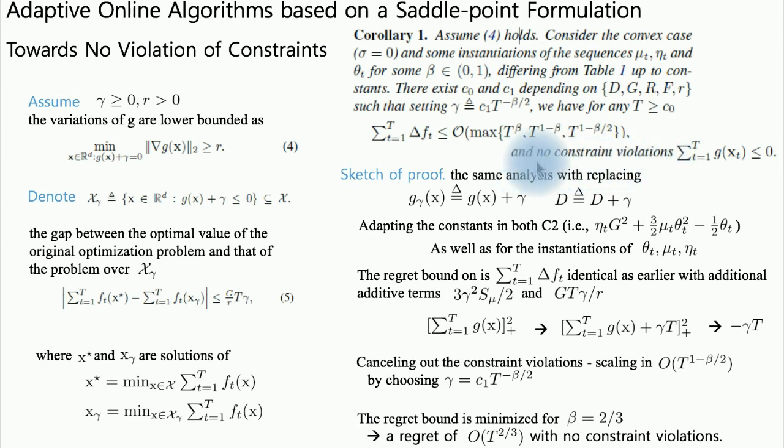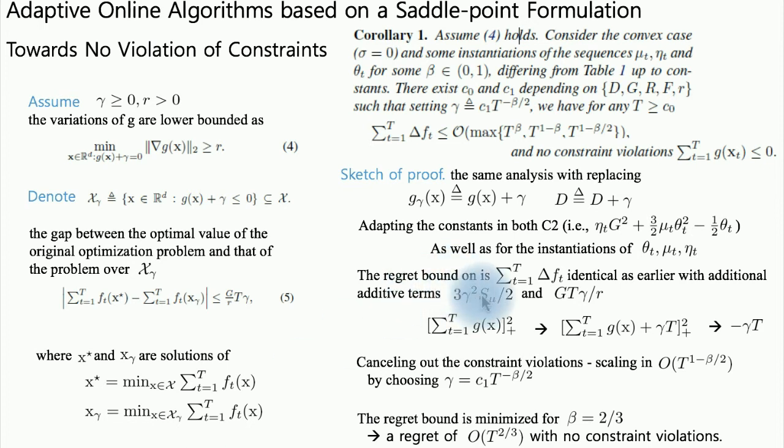To prove this, we do the same analysis, replacing g gamma x equal to gx plus gamma and t equal to t plus gamma.